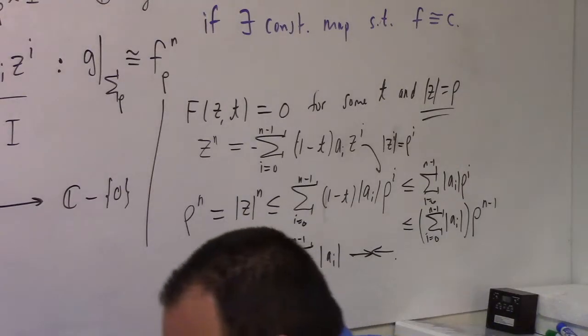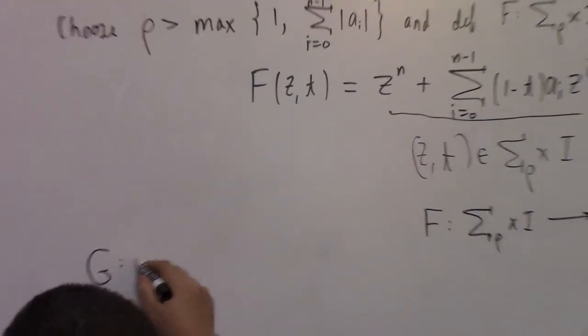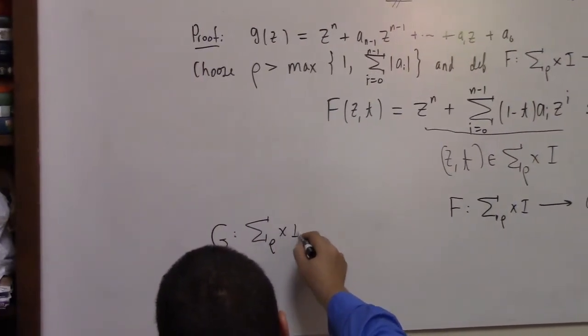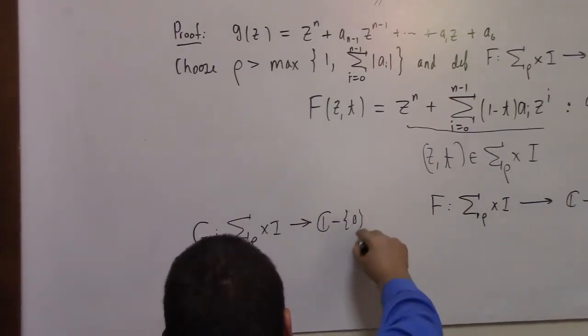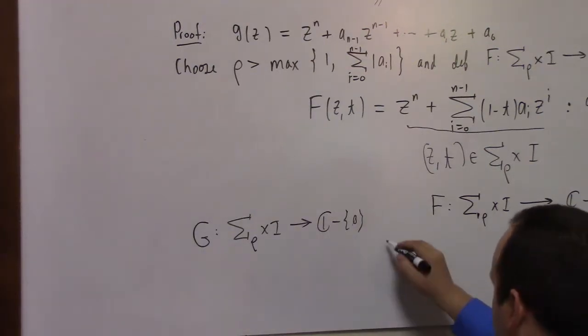So then, assume that g has no complex roots, right? Define another homotopy G from the circle of radius rho across I, to the deleted complex plane, by what?